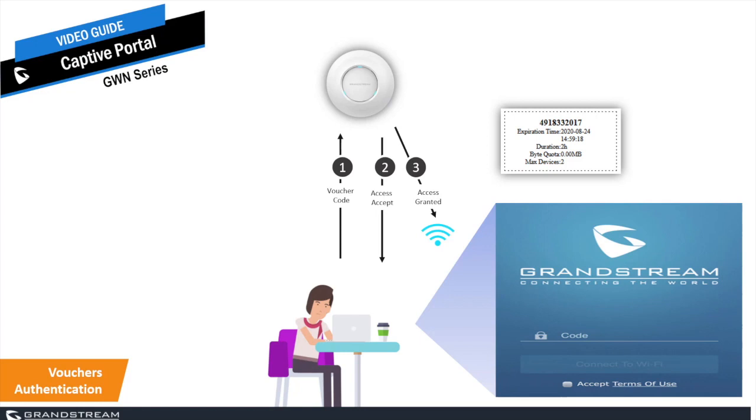The voucher feature also allows administrators of the GWN access points to create up to 1,000 codes at a time, and you can print them directly from the GWN web interface, as I will show you in a moment. Another interesting feature is that the admin can set data bandwidth limitation on each created voucher. So let's log into the web interface of GWN and create a captive portal with vouchers.